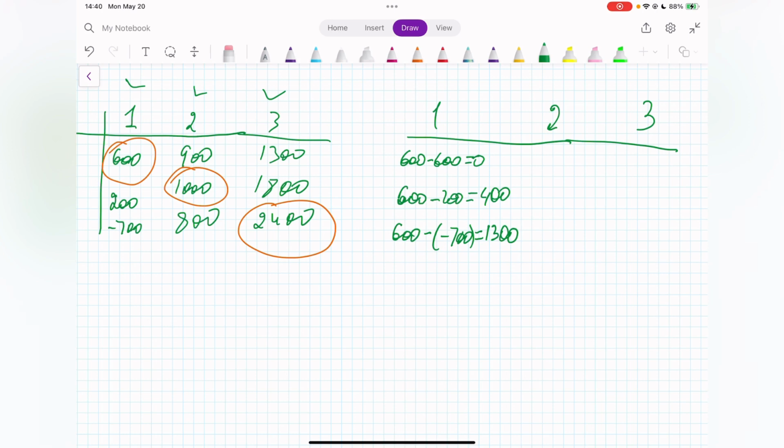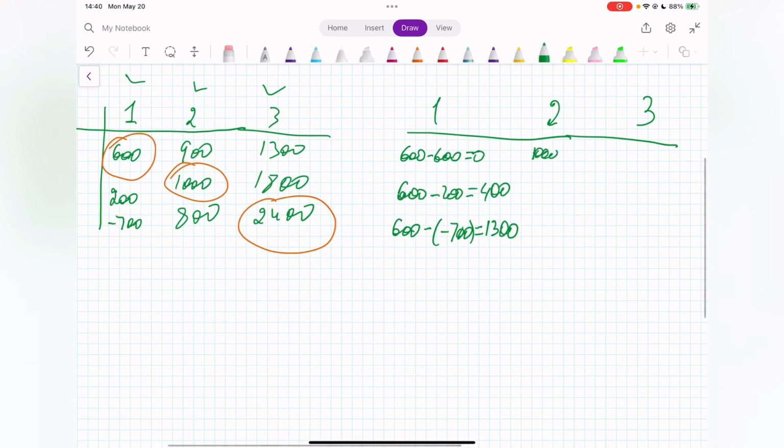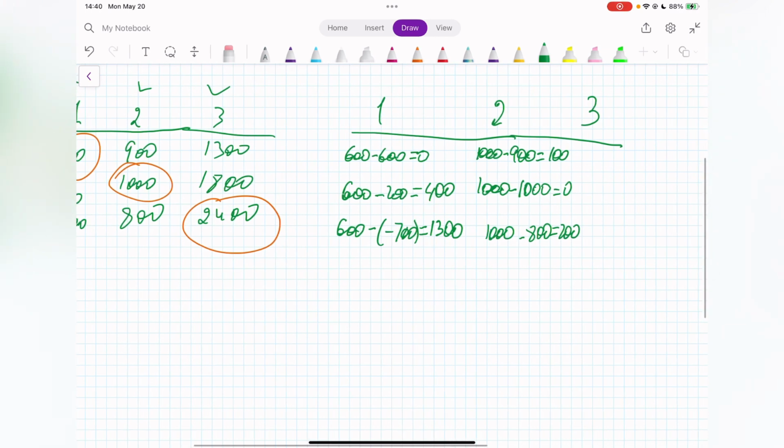The maximum is 1,000. 1,000 minus 900 is 100, 1,000 minus 1,000 is 0, and 1,000 minus 800 is 200. For demand level 3, the maximum is 2,400.